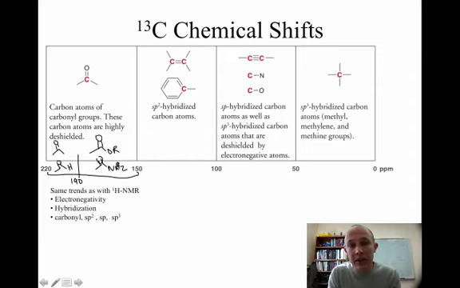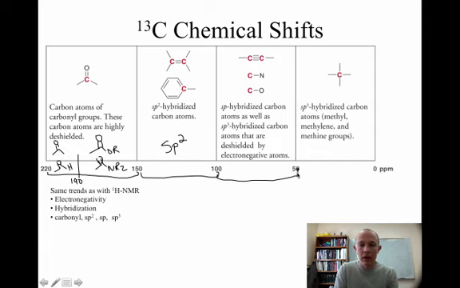And then other sp2 hybridized carbons, or carbons that are part of a carbon-carbon double bond, are going to be in this region between 150 and 100, so we'll call this sp2. Then we have our sp, in addition to sp3 that are bonded to an electronegative atom, so that could be nitrogen, oxygen, or a halogen. And then here's where we're going to see our sp3.